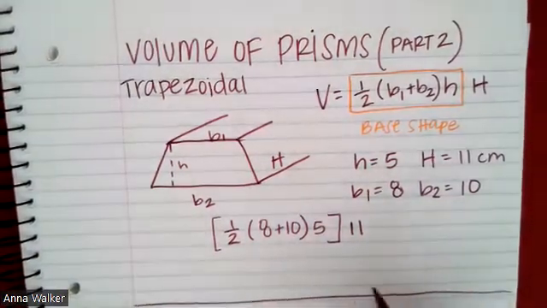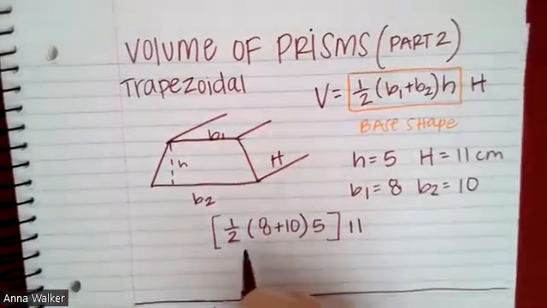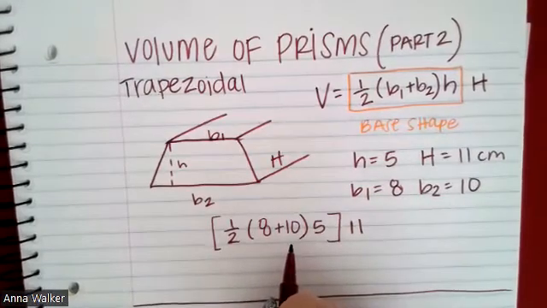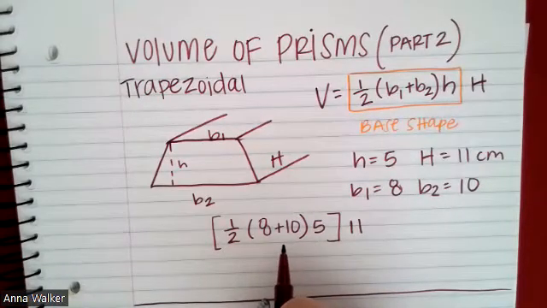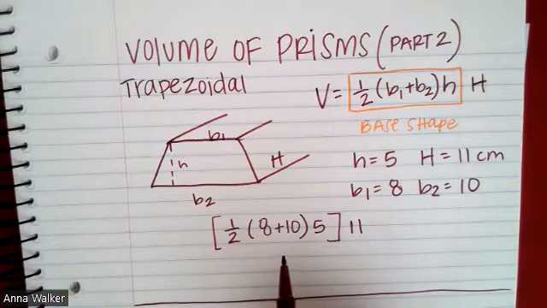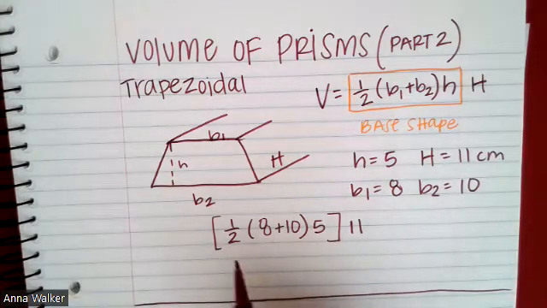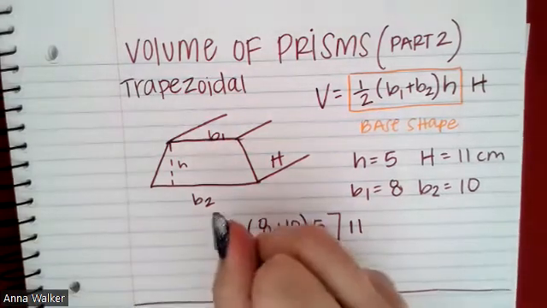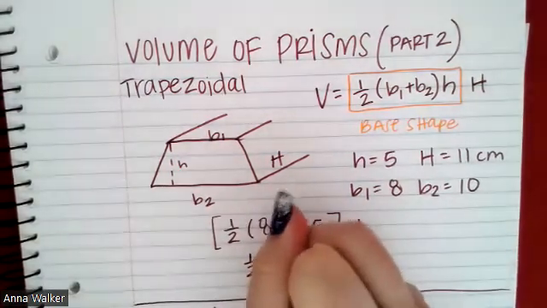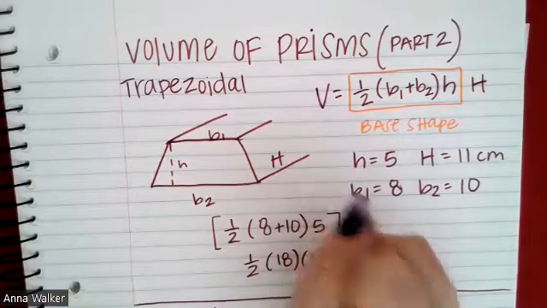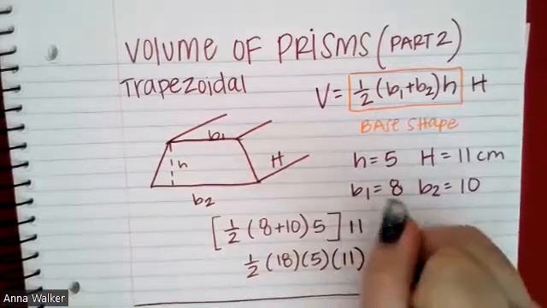So if I go through and solve it, 8 plus 10 is going to be 18. Half of 18, I could take half first, or I could do 18 times 5 and then take half. So I could rewrite it like this: 1/2 of 18 times 5, and then all of that times 11.